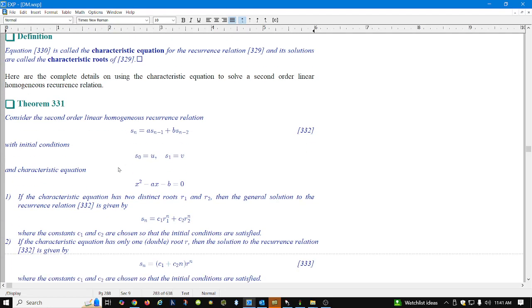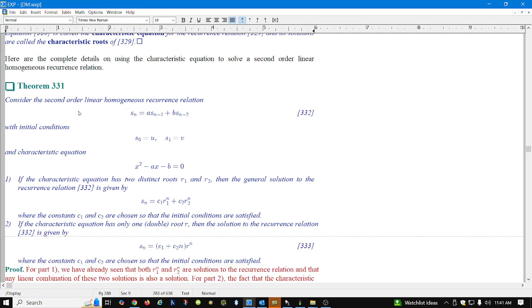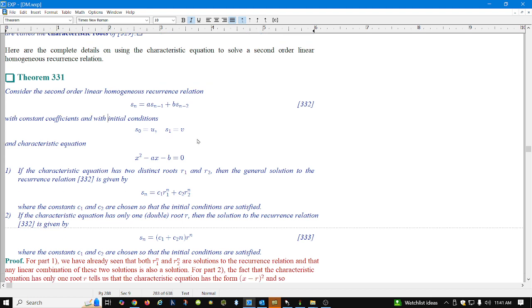So here is the whole summary of these types of recurrence relations and their solution. Consider the second order linear homogeneous recurrence relation, again with constant coefficients and with initial conditions S naught equals U and S1 equals V. And this is the characteristic equation.